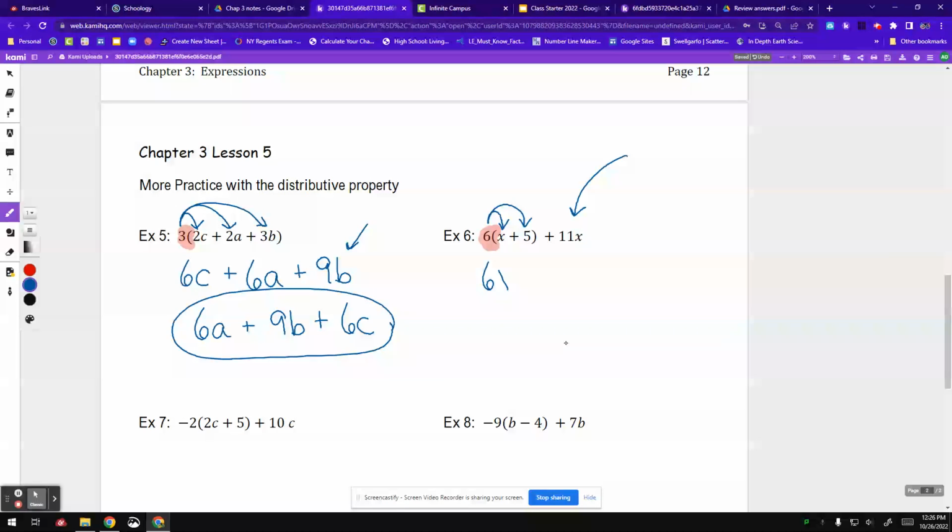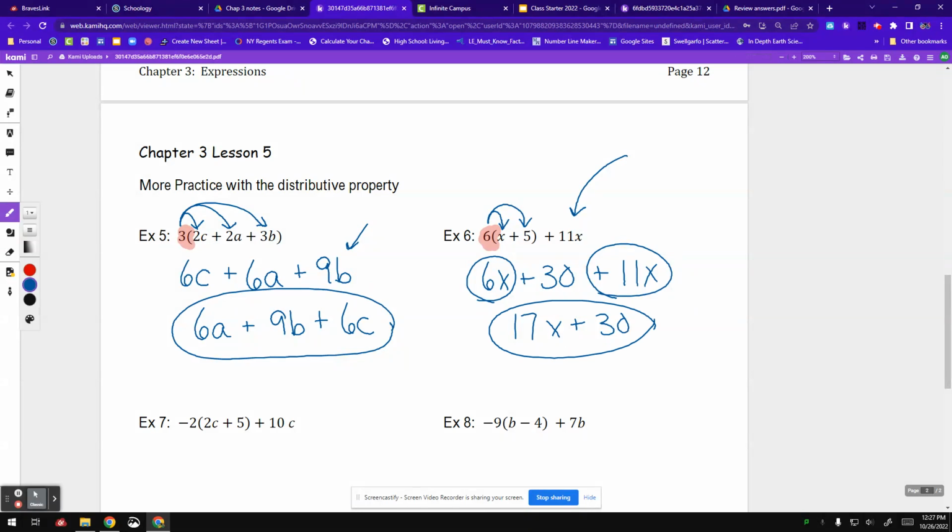So we're going to get 6x plus 30, and then outside of the parenthesis, we have an 11x. The 6x and the positive 11x are like terms. So we have 17x plus 30, and now we have no parentheses and no like terms, so that's simplified.